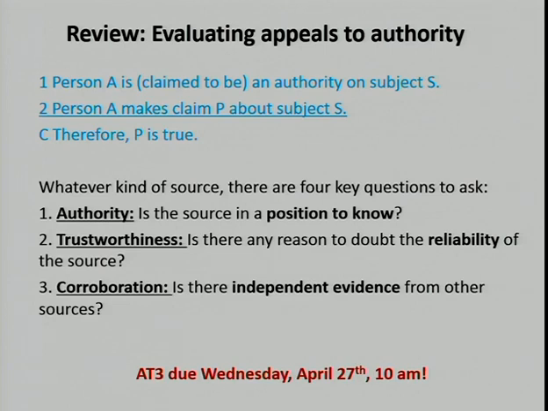So what we did last week was look at lots of different ways of evaluating appeals to authority, of evaluating sources, and we saw that that can, on the one hand, be a really central part of many kinds of argument, and that is a kind of argument that in practice we have to rely on all the time.